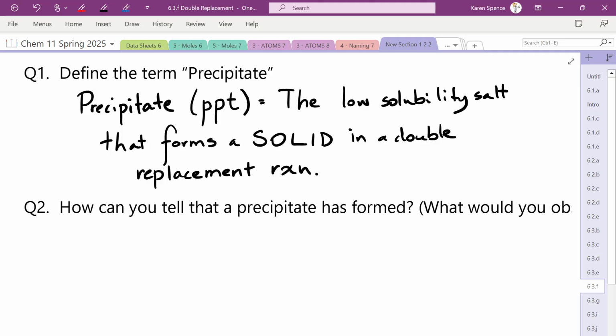Yes. We got a color change, but it could have changed color and just been like clear yellow, right? Would have looked a lot like pee or something. It's not very nice. What else do we know about this? What else happened? Yeah, it went opaque, okay? So either it's going to go cloudy if you get a small amount of precipitate, or it's going to go opaque if you get a large amount of precipitate.